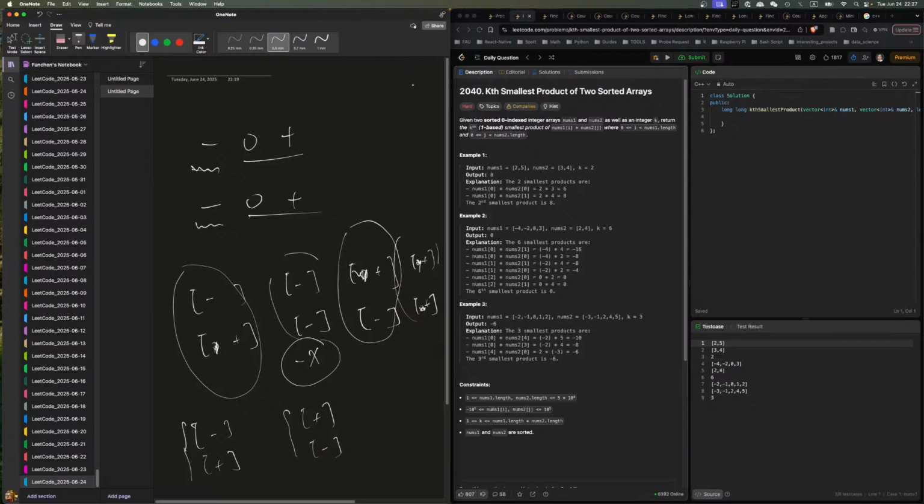And when we do k largest, we go from right to left. We divide, and then binary search will find some location. Right, and then we want to find everything that's larger than this. We'll grab those.